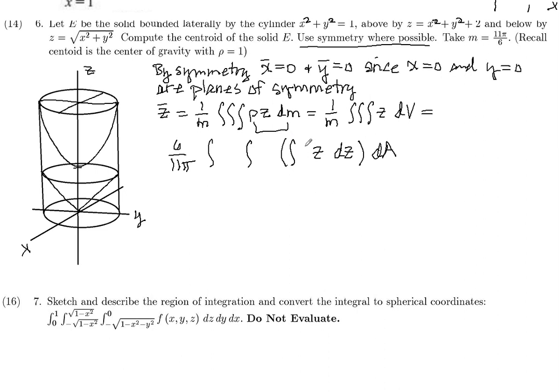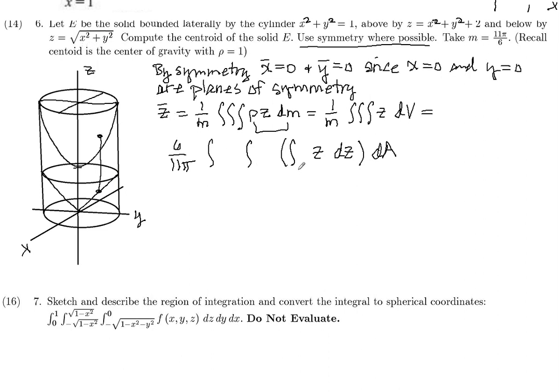So where are our z limits of integration going? Well, we're going to integrate on a vertical segment, and it's going to start on that cone, and it's going to end up on the paraboloid.